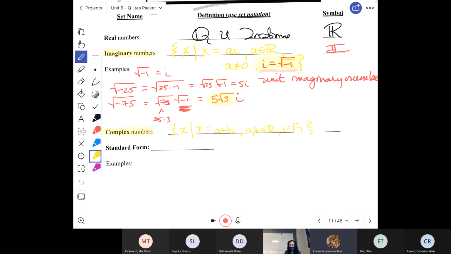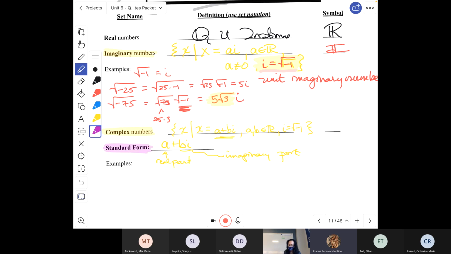So if you notice, a plus bi, which is a complex number, if I represent it in that form, that is what is known as standard form. Complex numbers have a real part, and they have an imaginary part. We always represent complex numbers in standard form.